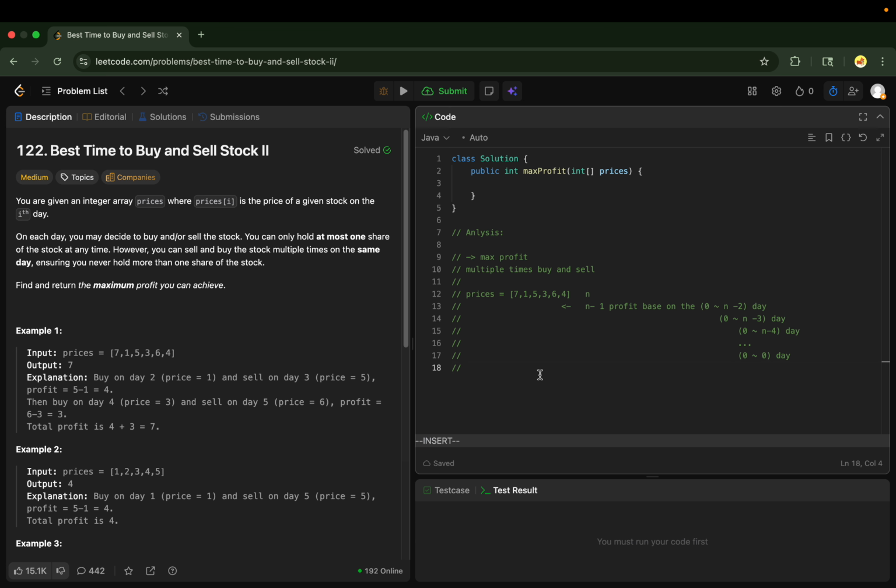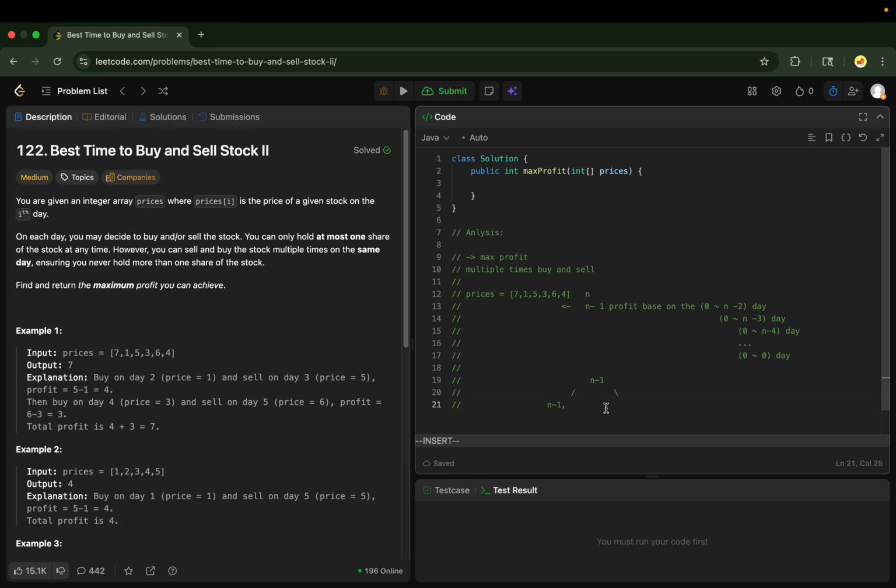So which means we have some conditions. This is kind of like we can write a tree, with n minus 1 and n minus 2, and for the previous one, whether we hold or not.